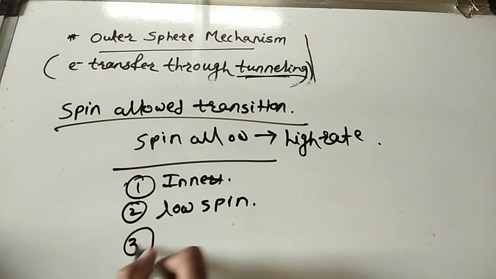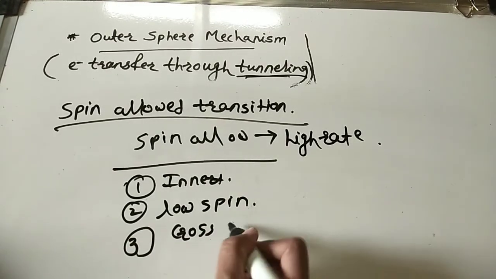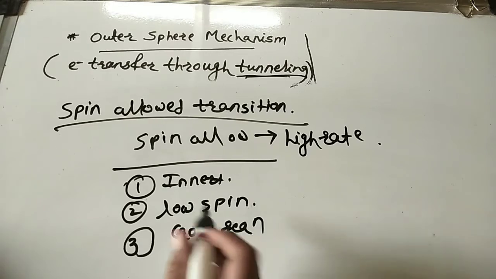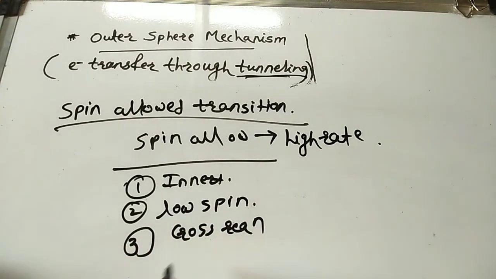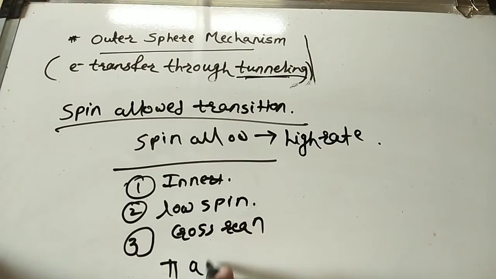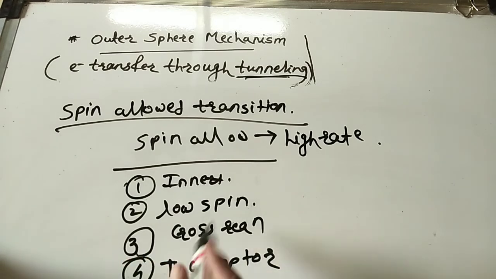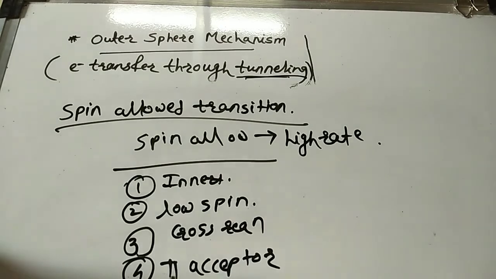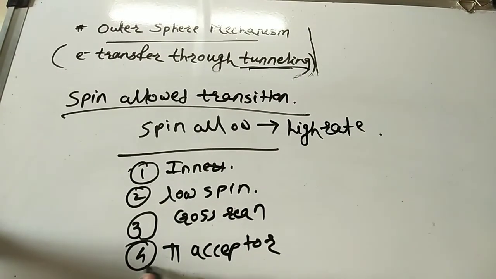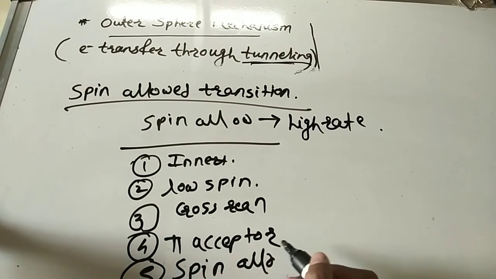The third condition is cross reaction, and the fourth one is that a pi acceptor ligand should be there in your complex to make the rate faster, and the last condition is what? The complex should be spin allowed.